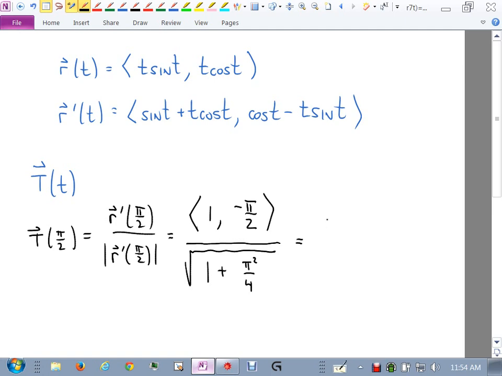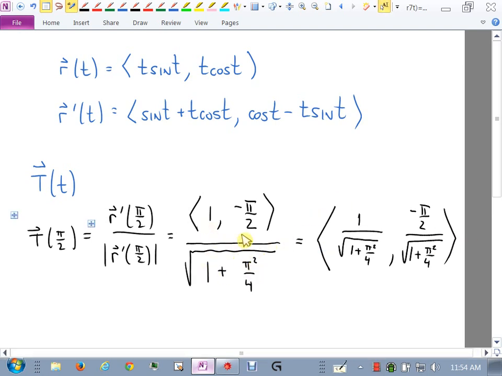And you could just rewrite this as a vector: 1 over square root of 1 plus pi squared over 4, and then negative pi over 2 over square root of 1 plus pi squared over 4. All I did there is put this scalar inside and divide each of these components by it. That would be the easiest way to do this problem: just plug in pi over 2 and evaluate, and we're done.